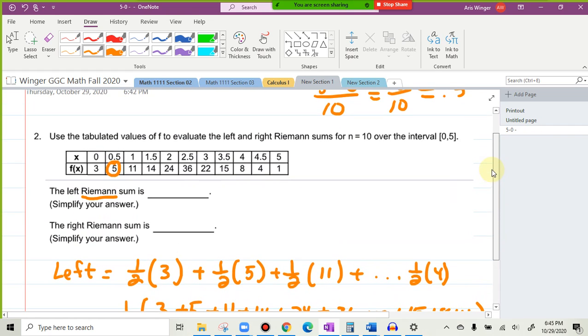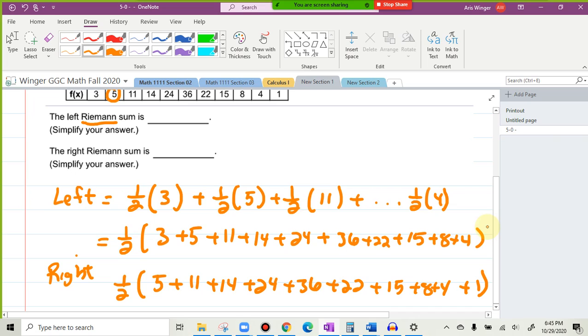That gives you both of those approximations. Give you a second to fill that out for your problem, and then we will move on.